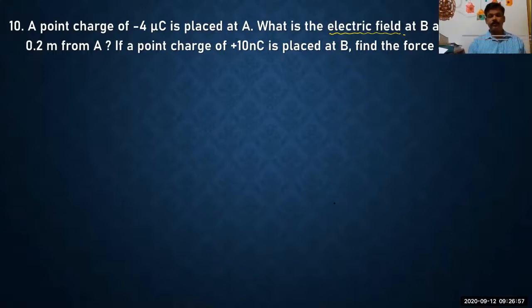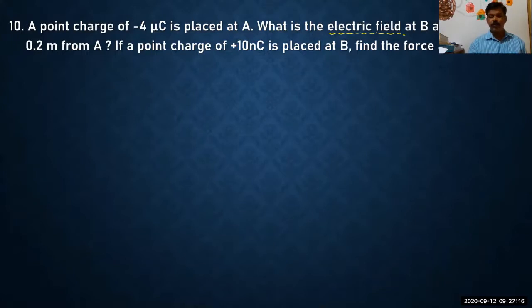Yes. So what do you mean by electric field? See, electric field is nothing but the force experienced by a unit positive charge. Right? Electric field at a point is the force experienced by a unit positive charge.